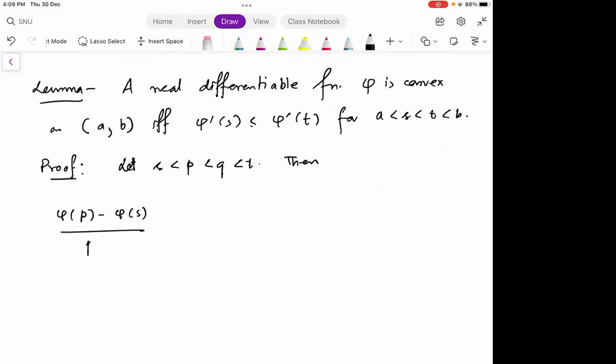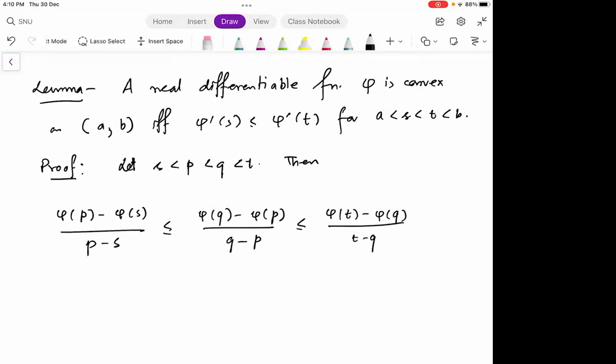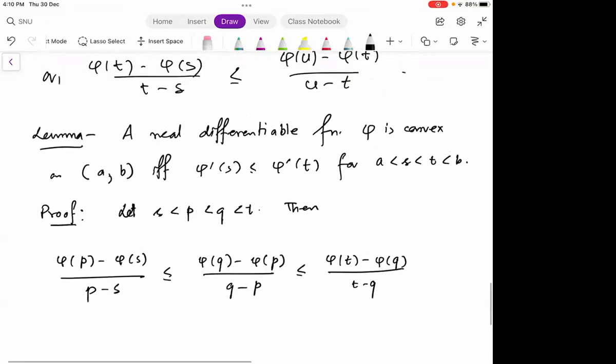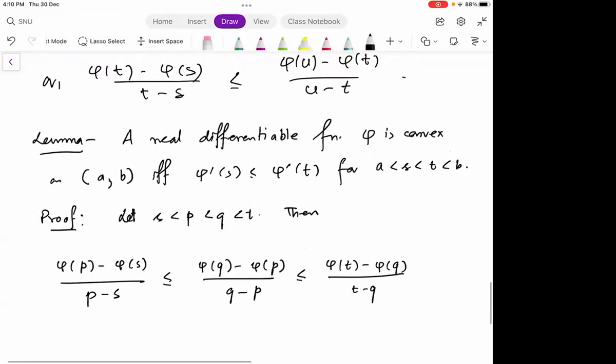So phi P minus phi S by P minus S is less than or equal to phi Q minus phi P divided by Q minus P, less than or equal to phi T minus phi Q divided by T minus Q. That's exactly what the top line is. Note that there the ordering of the points was S less than T less than U. So now just apply that.